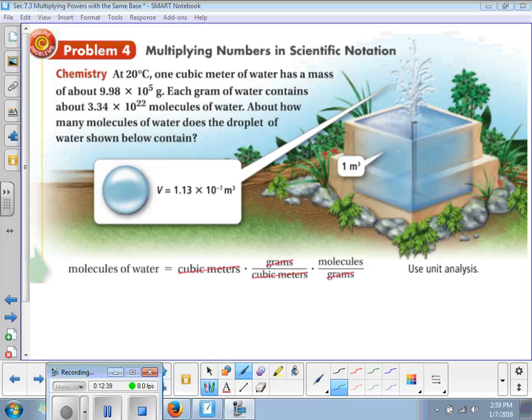And that's going to give me a very, very small number. Okay? So, teeny tiny, this is the volume. We want how many molecules there are. Okay? So we need to change this meters cubed to grams, and then we need to change from grams to molecules. Okay? So this is what we're going to start with.